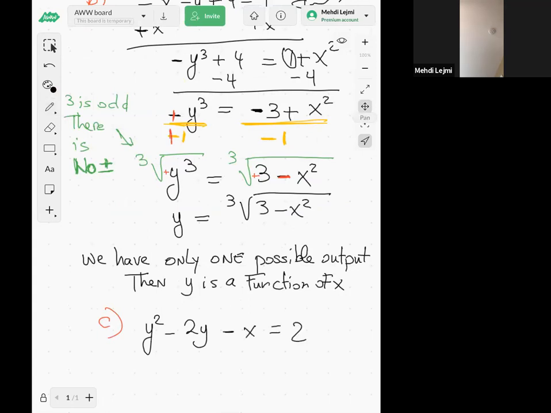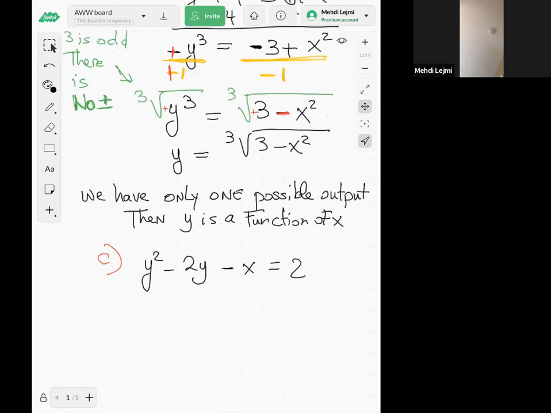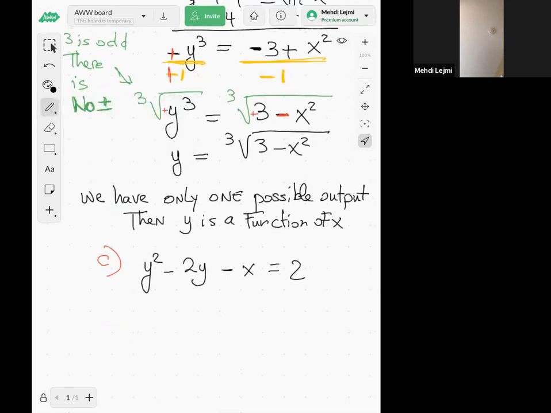All right. So if you try to solve for y, you can, for example, add plus x to both sides. So then y squared minus 2y equals 2 plus x.